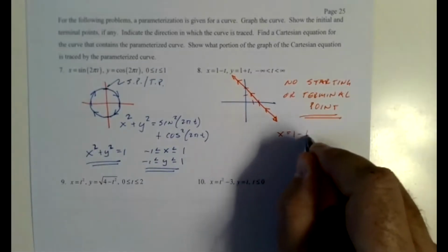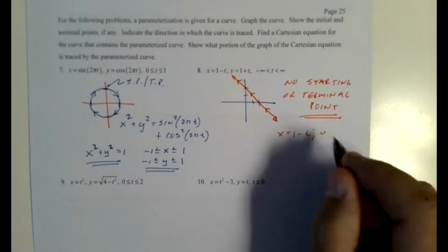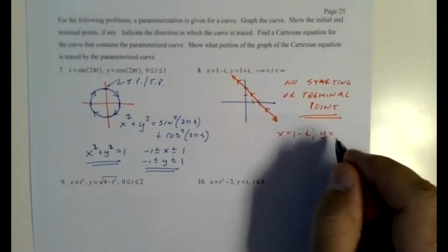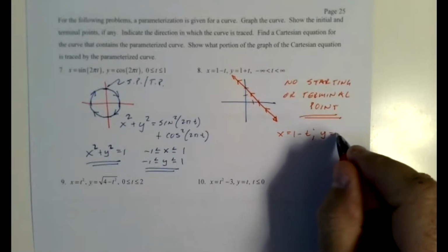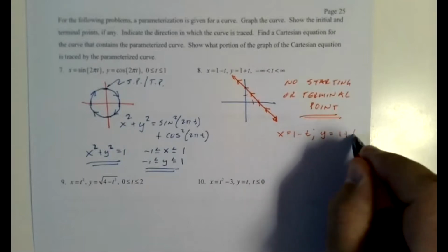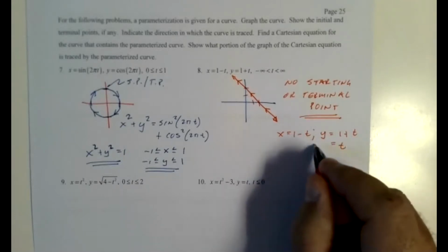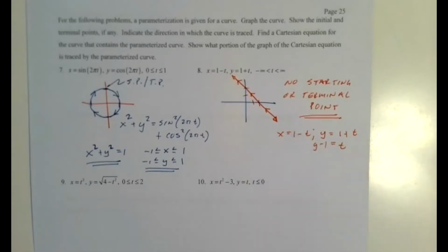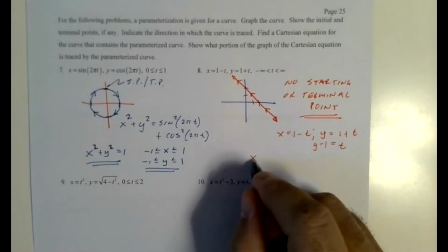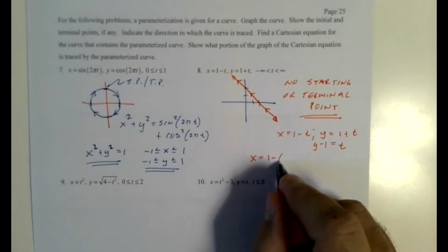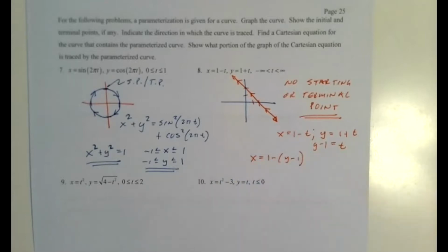X equals 1 minus t. Y equals 1 plus t. T equals y minus 1. X equals 1 minus y minus 1.